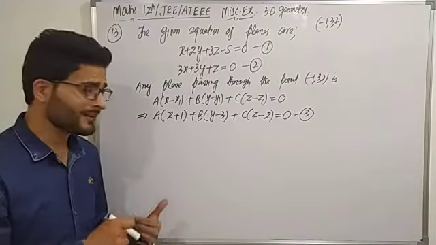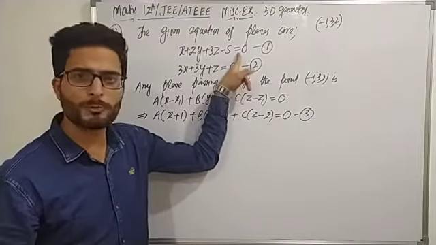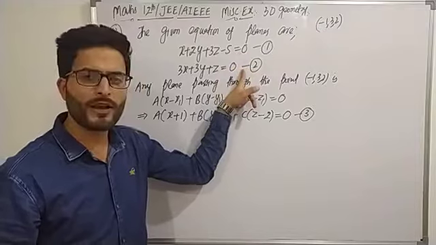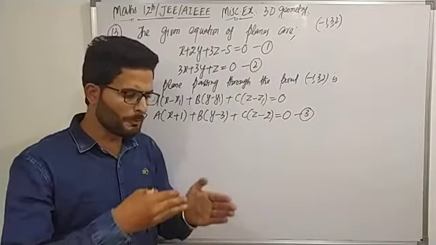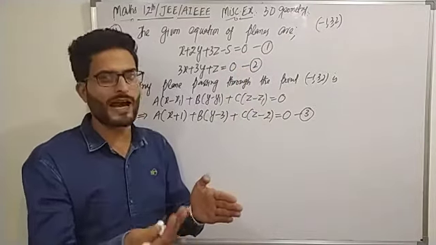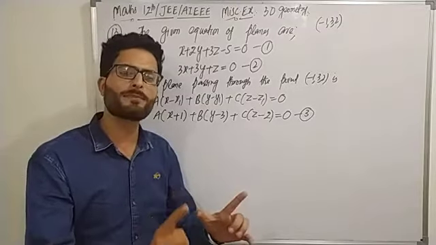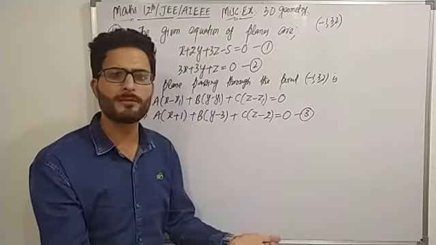Now it is given that the plane 3rd is perpendicular to plane 1st as well as perpendicular to plane 2nd. When two planes are perpendicular, we know that the sum of products of their attitude numbers must be 0.